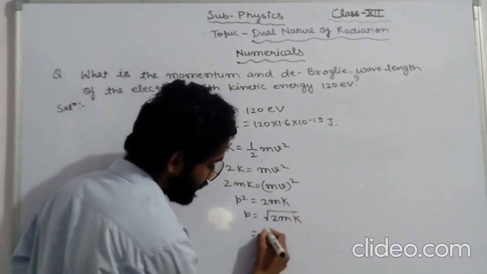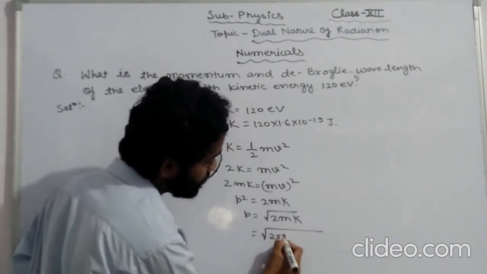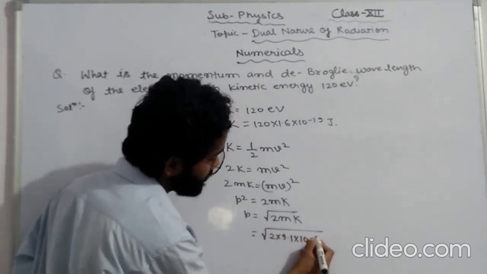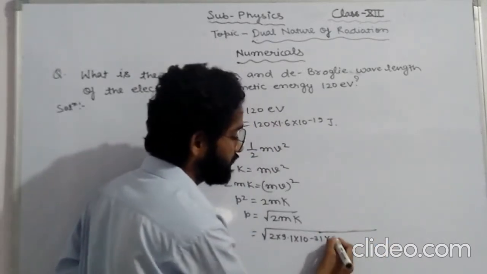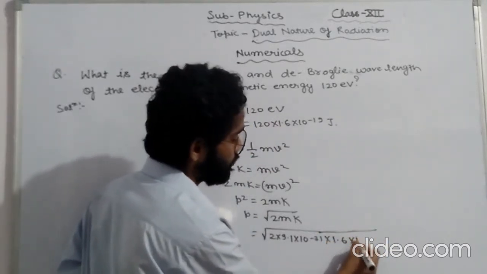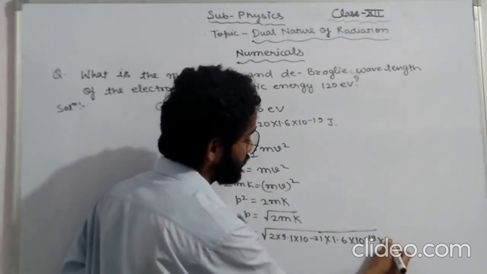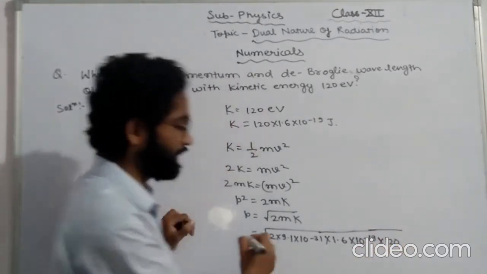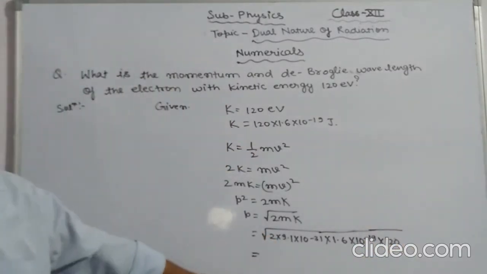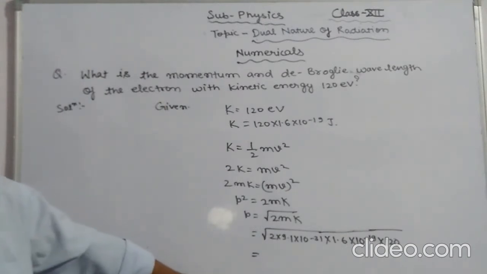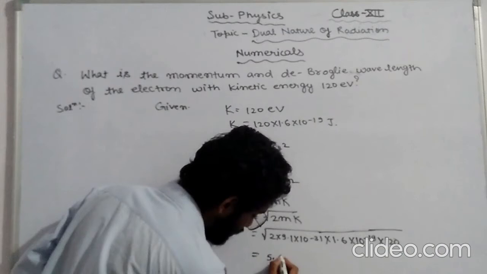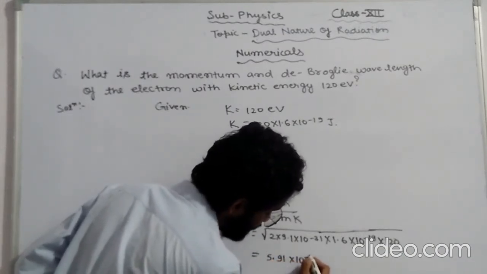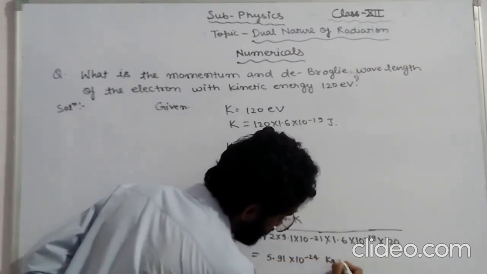We put the values: 2 into 9.1 into 10 power minus 31 as the mass of the electron, and the kinetic energy 1.6 into 10 power minus 19 into 120. Let us solve this. As I have solved, this would come 5.91 into 10 power minus 24 kilogram meter per second.